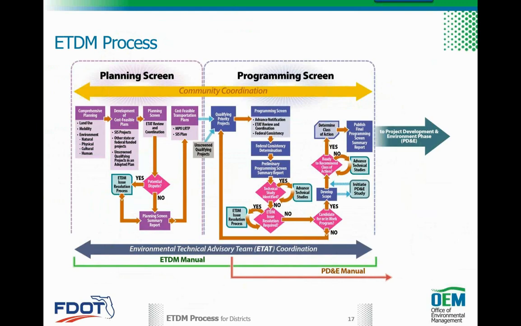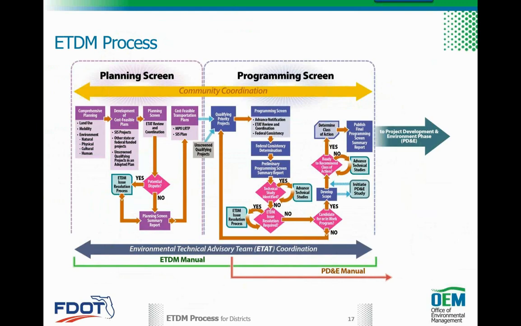So the programming screen is an annual event where projects that have been prioritized either through the MPO process or through the department, the projects that have been identified as projects we would like to continue moving forward into the PD&E and on to later project development phases.